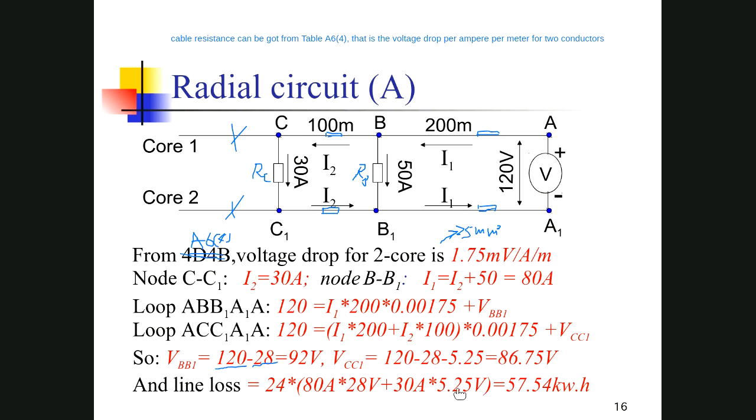Okay, this is power. The total power is the sum of them. Over 24 hours is the total energy loss. So the total energy loss here over 24 hours is estimated as 57.54 kilowatt hours. A kilowatt hour is a unit of energy.